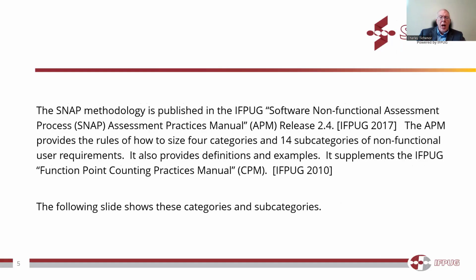The SNAP methodology is published in the IFPUG Software Non-Functional Assessment Process, SNAP, Assessment Practices Manual, Release 2.4. That provides the rules on how to size 4 categories and 14 subcategories of non-functional software user requirements. It provides definitions and well over 100 examples, and it supplements the IFPUG Function Point Counting Practices Manual.